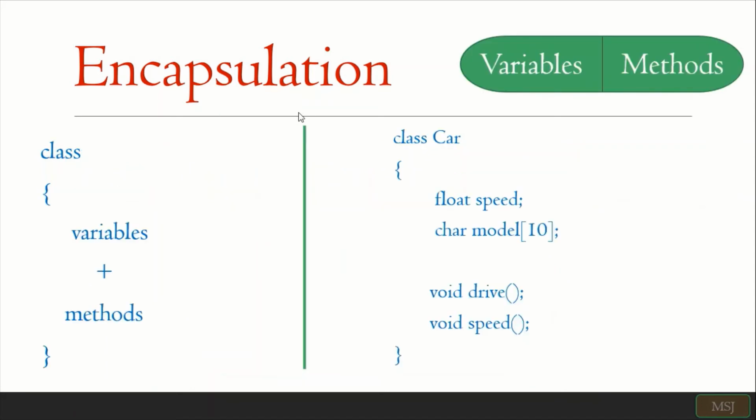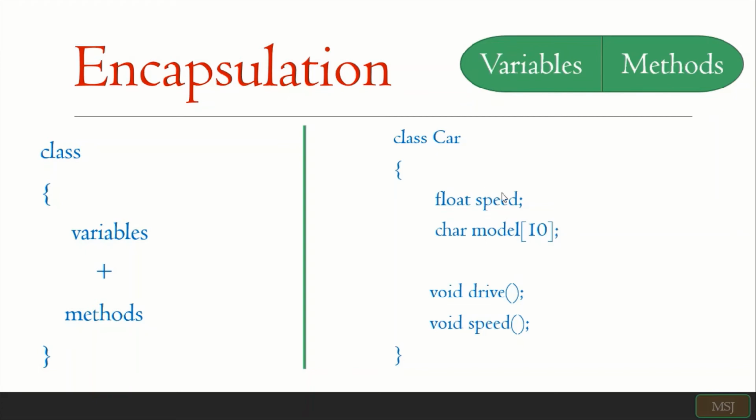Now let us see the code. See, class. In a class we write attributes or variables plus methods, meaning operations, into a single unit. So this single unit is called a class. Now declare a class called car, with the speed and model of the car written here.